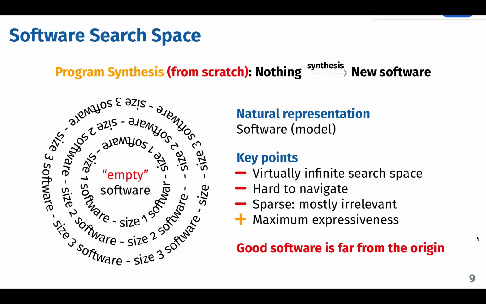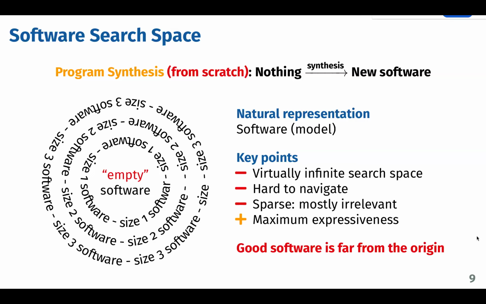It has a very natural representation. It's just software. So you can see that, for example, as a monkey writing on a typewriter, on a letter-by-letter basis, or as words in a file. You can see that, for example, as a grammar. You have a grammar of how to write software, and you want to have the best realization of that grammar for one specific purpose.